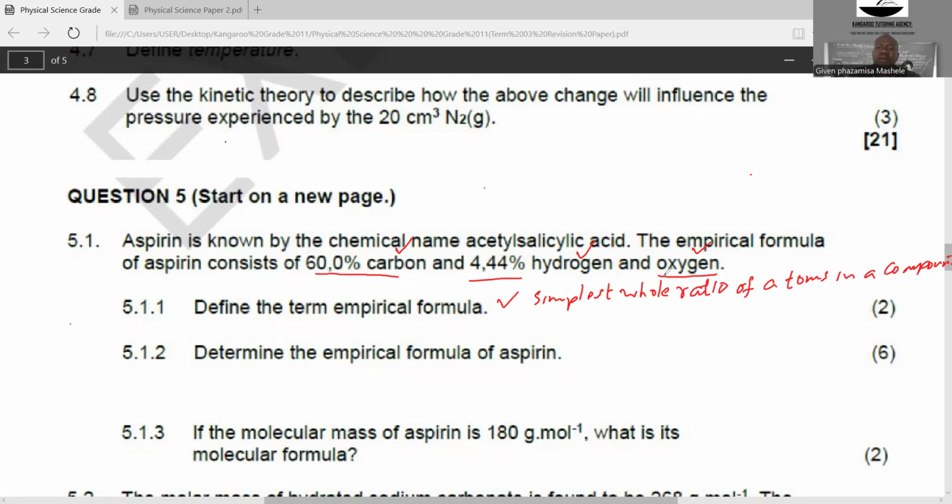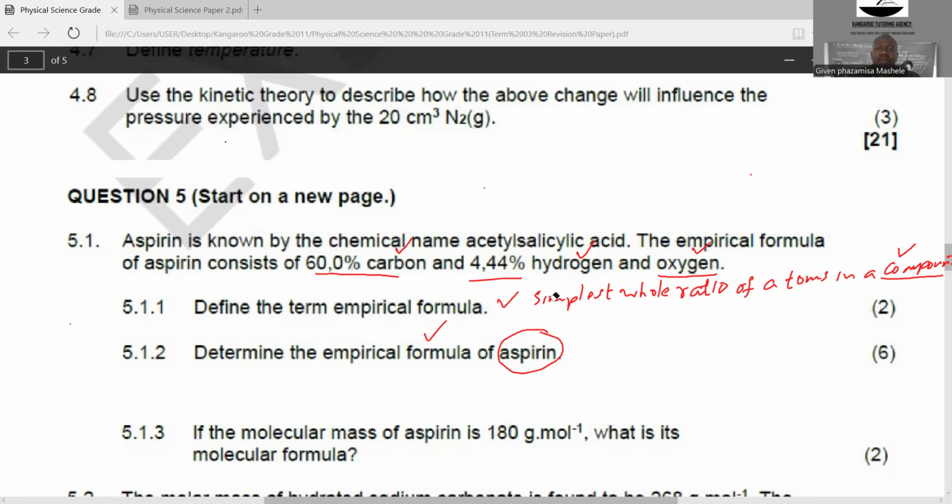The simplest whole number ratio of atoms of elements in a compound is called the empirical formula. And the second question says, determine the empirical formula of this aspirin.